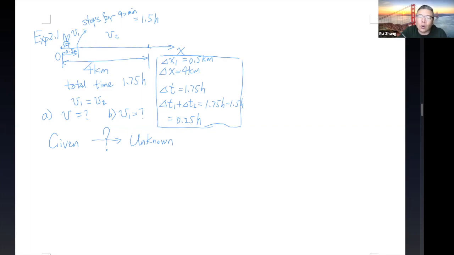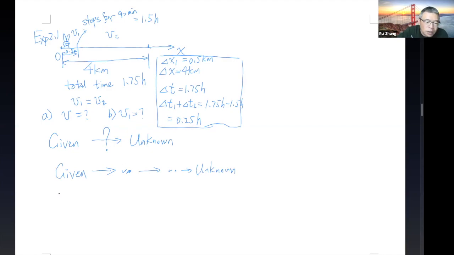There are roughly two ways. The first is you start from something given, use it to deduce some intermediate information, and from this you go further until you reach your unknown. This is one way to do it.